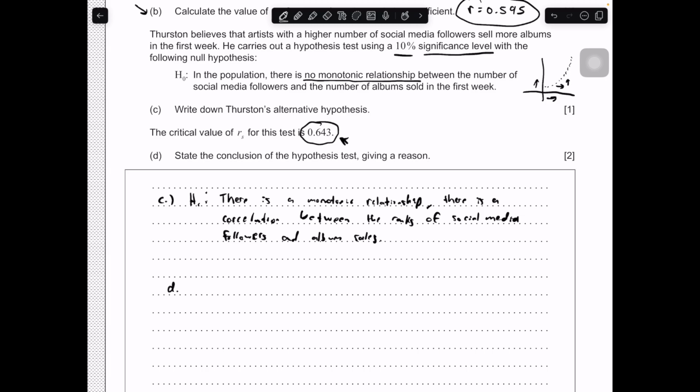The value that we found is 0.595, and we know that this is less than 0.643. So in words, the strength of the correlation that we found was actually less than the critical value. The critical value is the cutoff point, the minimum strength required for us to say that there actually is some kind of relationship.